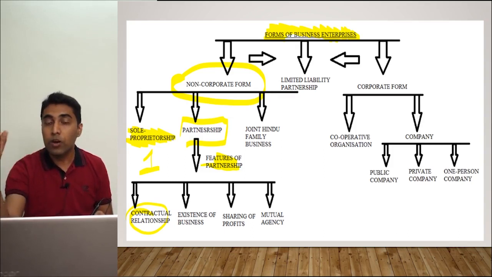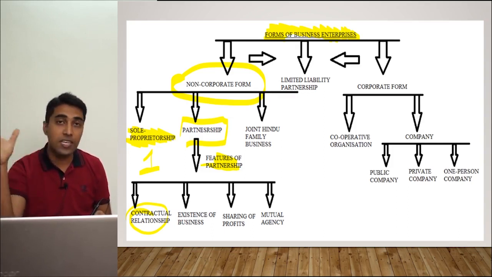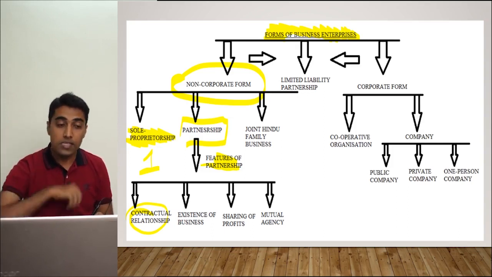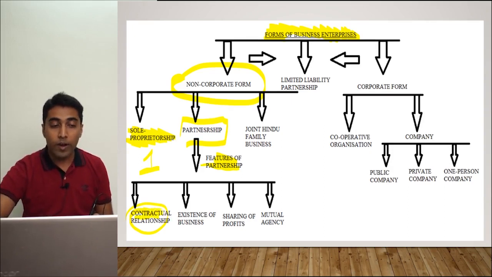When two people agree upon something in the same sense, at the same time, for a particular consideration, we say there is a contract. Similarly, in company law, whenever there is a contractual relationship, we can say that a partnership has emerged. So for partnership, the Act is the Indian Partnership Act 1932.